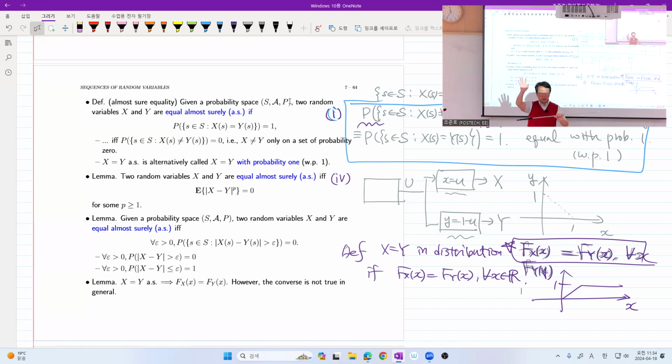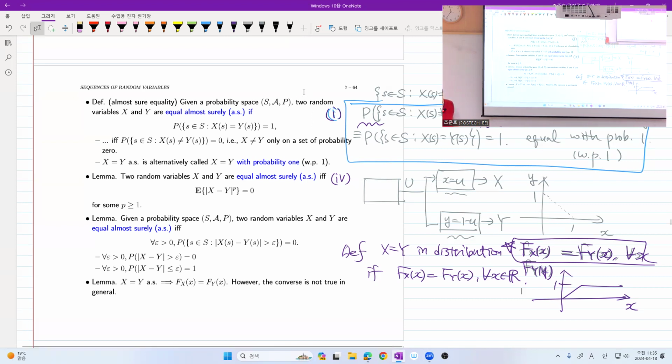Almost sure equality implies equal in distribution. However, the converse is not true, as you've seen here. So almost sure equality implies equal in distribution, but the converse is not true.